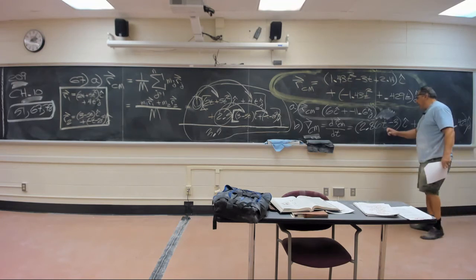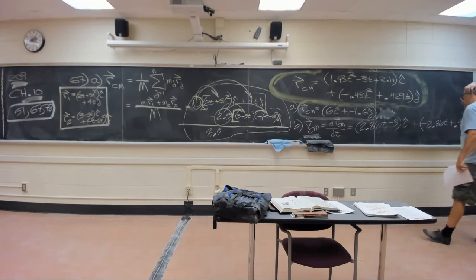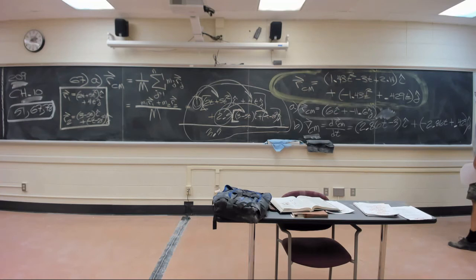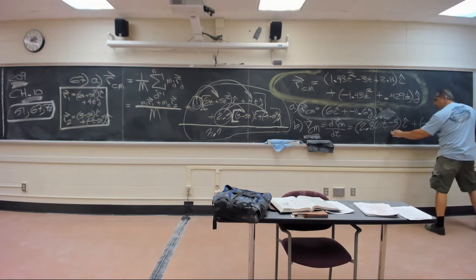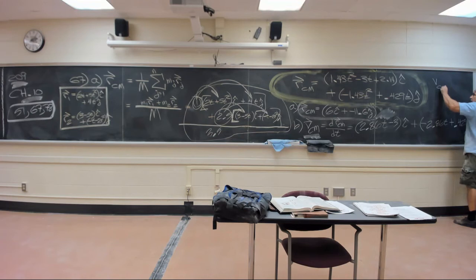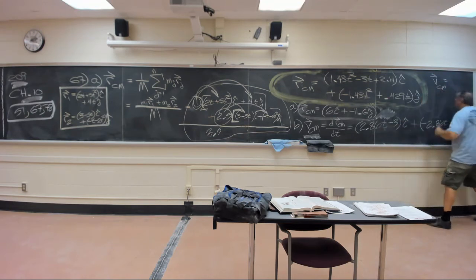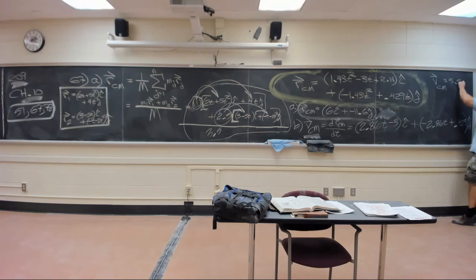If you put a 3 right here, I'm thinking 5.58 i. So this VCM, put a 3 right here and go for it: 5.58 i plus, put a 3 right here and go for it.